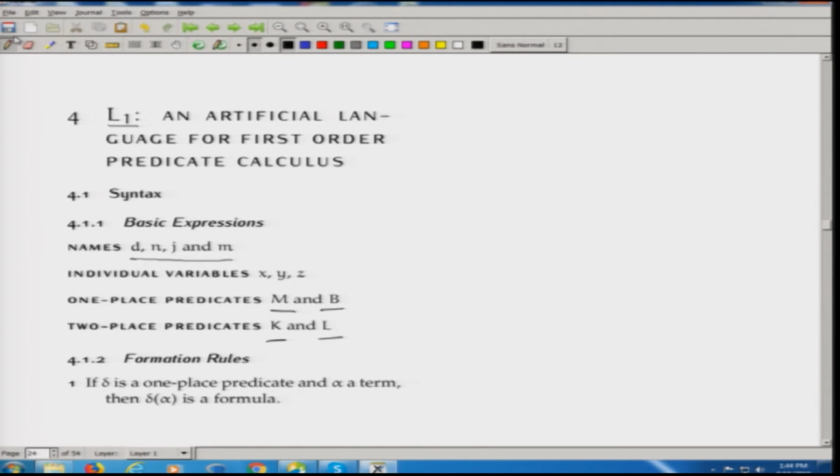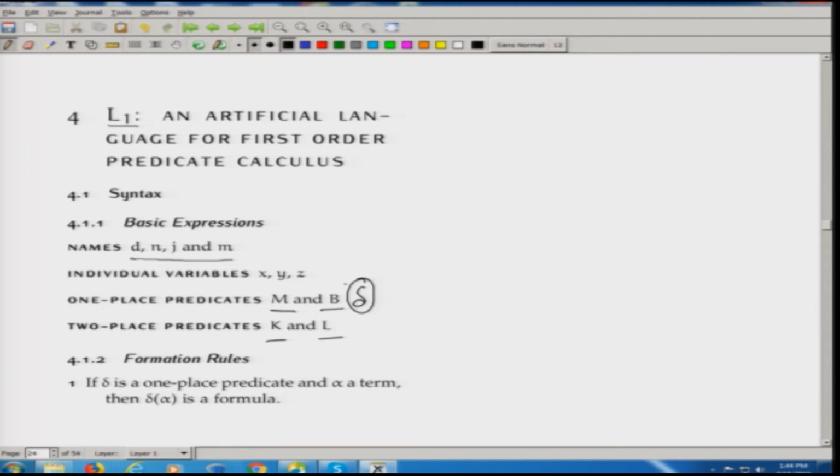That is, delta alpha is a licensed construction. You can have delta alpha, you cannot have alpha delta. So delta can be any one place predicate, and alpha can be a term.